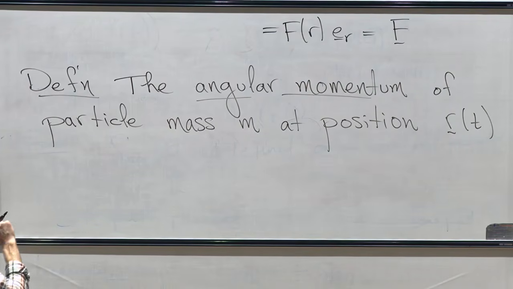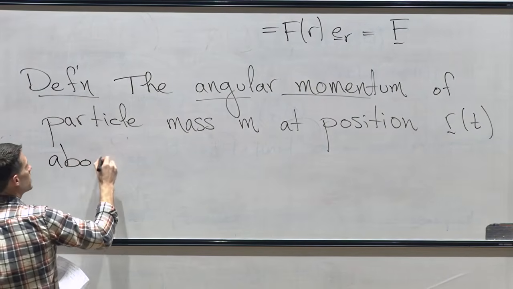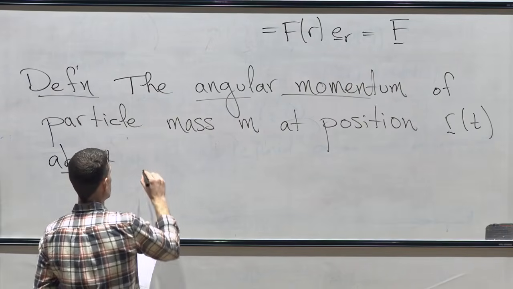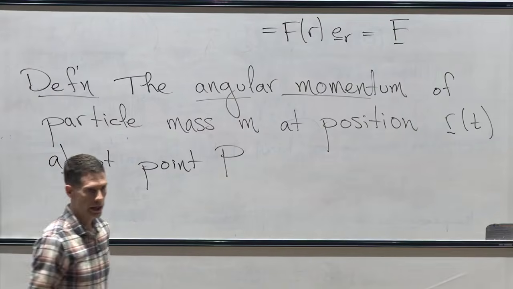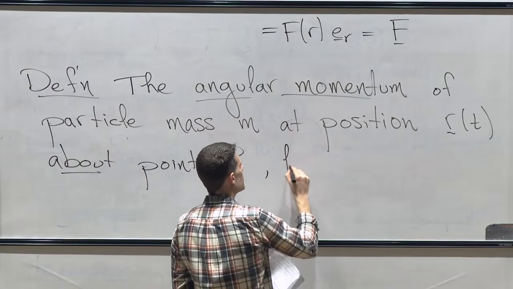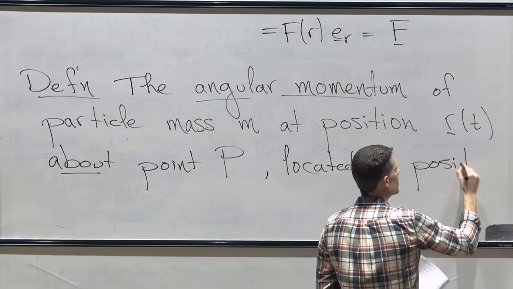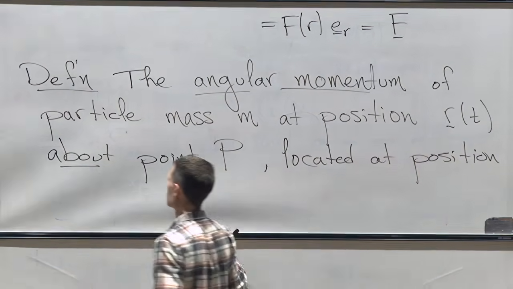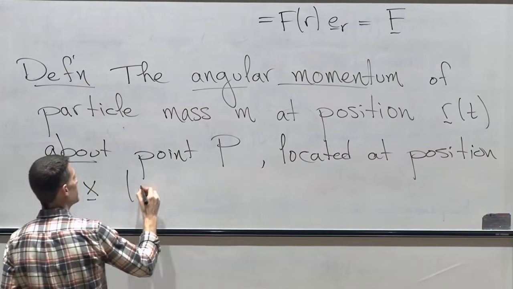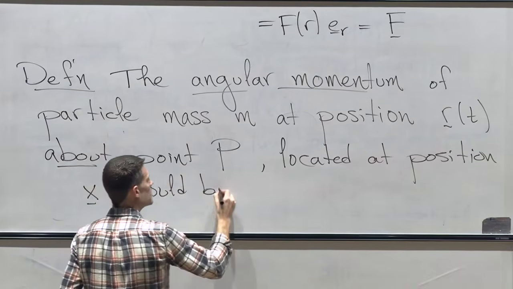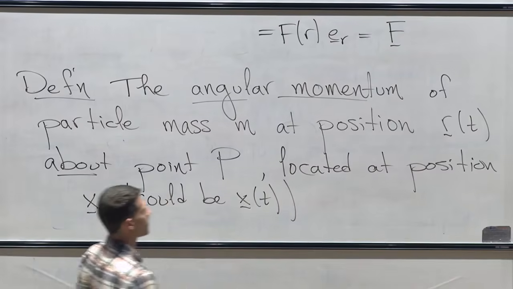So in this definition, I'm going to say the angular momentum about, let's call it point P. And let's suppose that point P is located at position x. And in fact, that could be x of t.